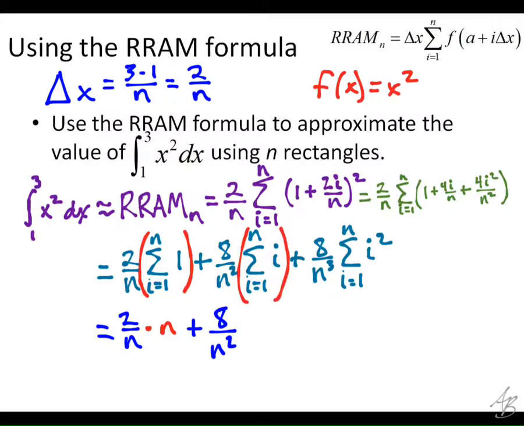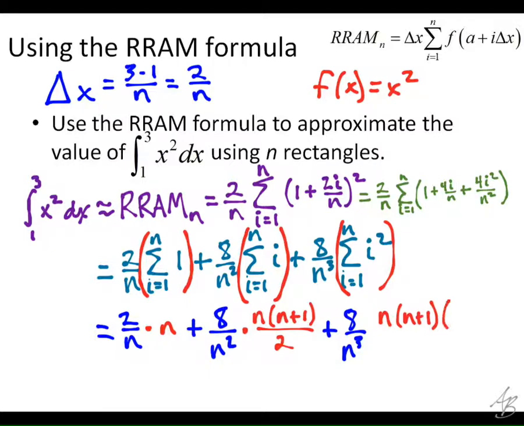What's that going to be? And then our last one we're going to have 8 over n cubed times n times n plus 1 times 2n plus 1 all over 6. Okay, n times n plus 1 times 2n plus 1 all over 6.